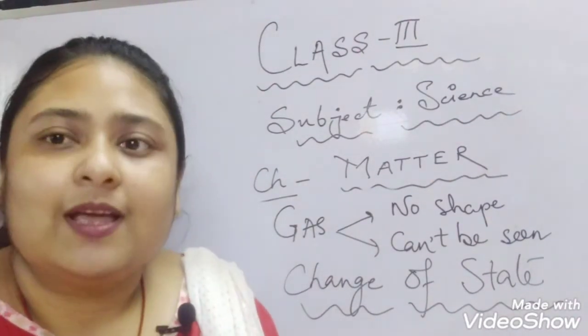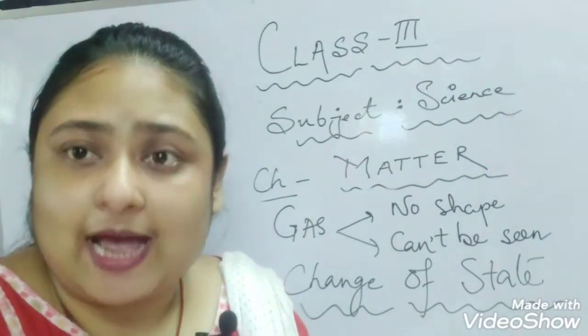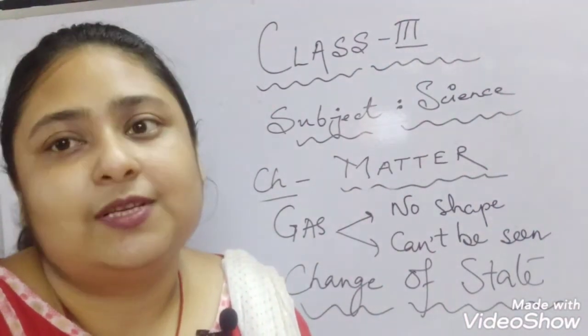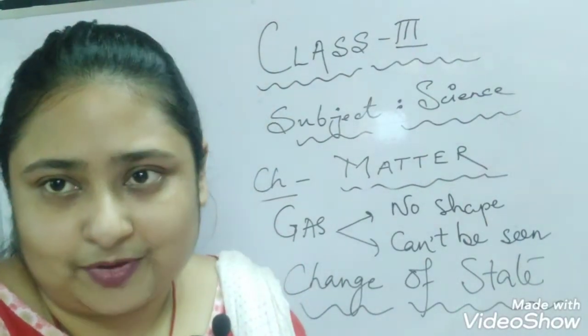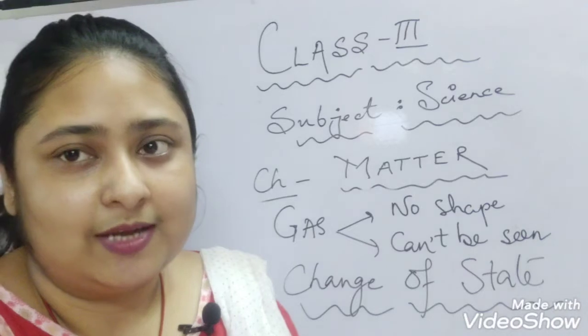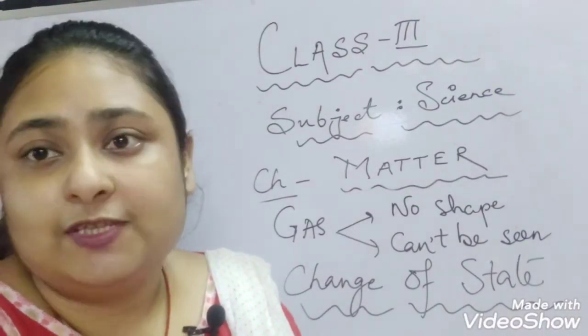So children, with the variation of the temperature, we can see that the states of matter get changed. Okay? Children, let's read in detail about the change of state of matter.